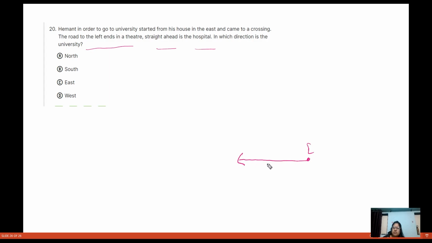So he's starting from east and coming to a crossing. The road to the left ends in the theater. Left here, so here is the theater, and straight ahead is the hospital. So here is the hospital.